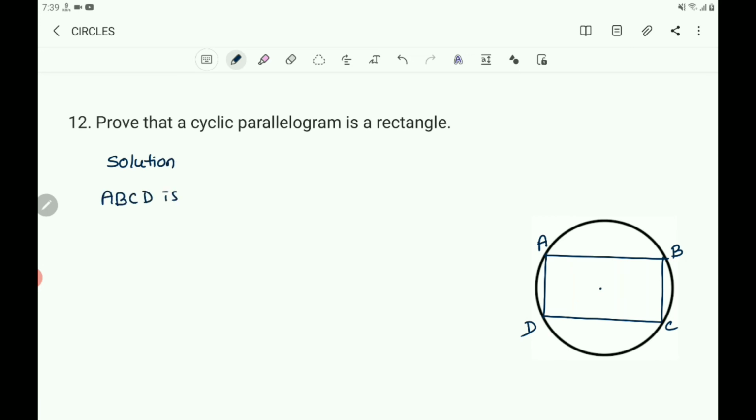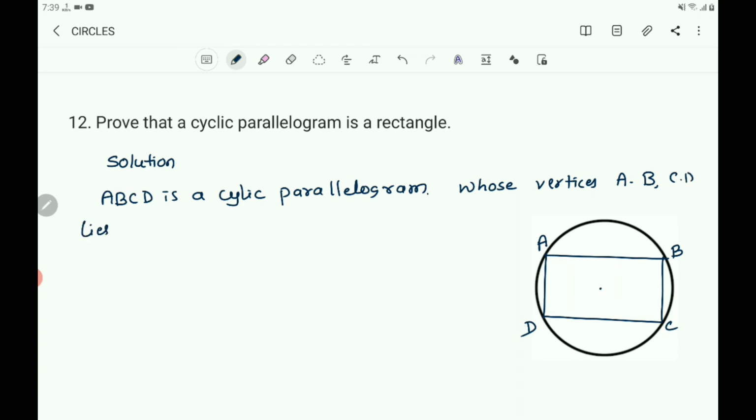ABCD is a cyclic parallelogram whose vertices A, B, C, D lie on the circle. We have to prove that ABCD is a rectangle.